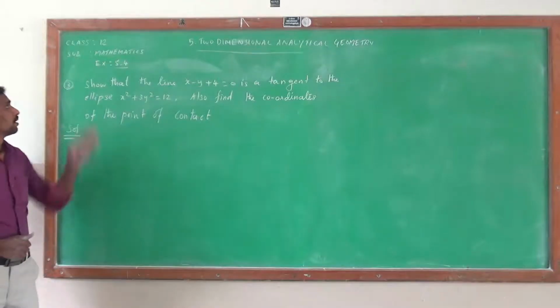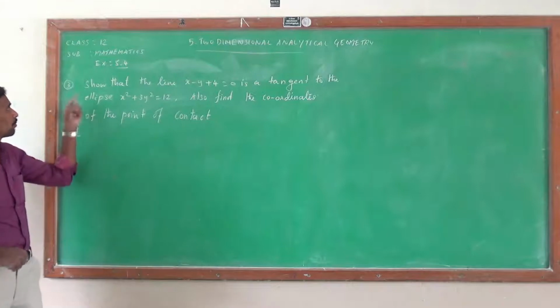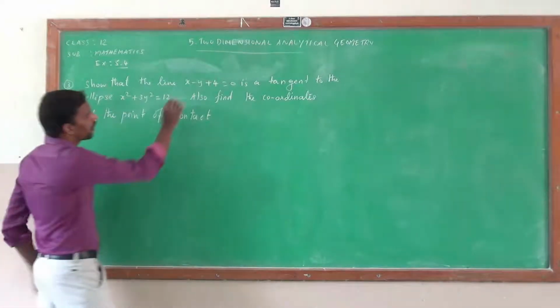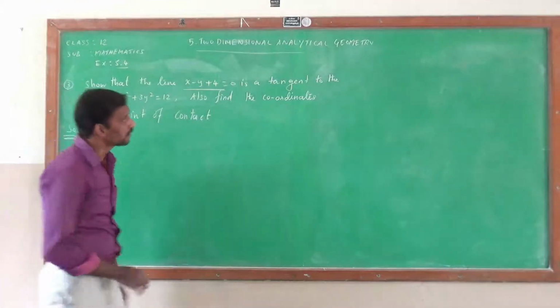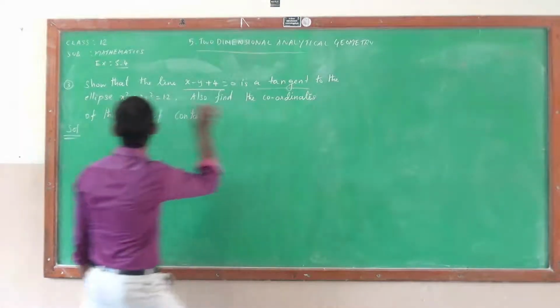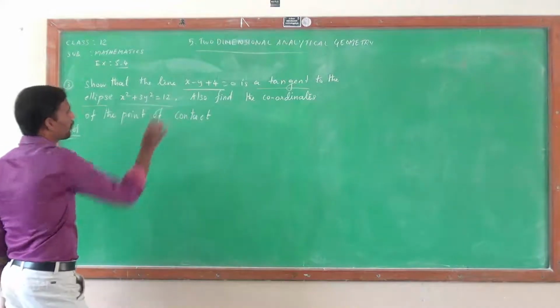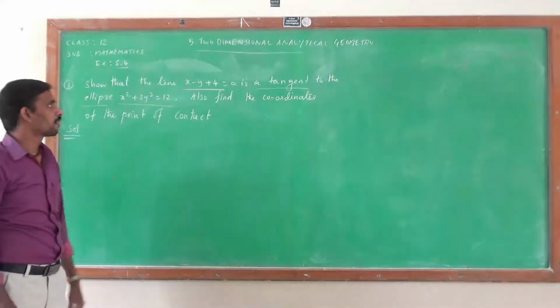Hi students, this is exercise 5.4, question number 3. Show that the line x minus y plus 4 equal to 0 is a tangent to the ellipse x square plus 3y square equal to 12.